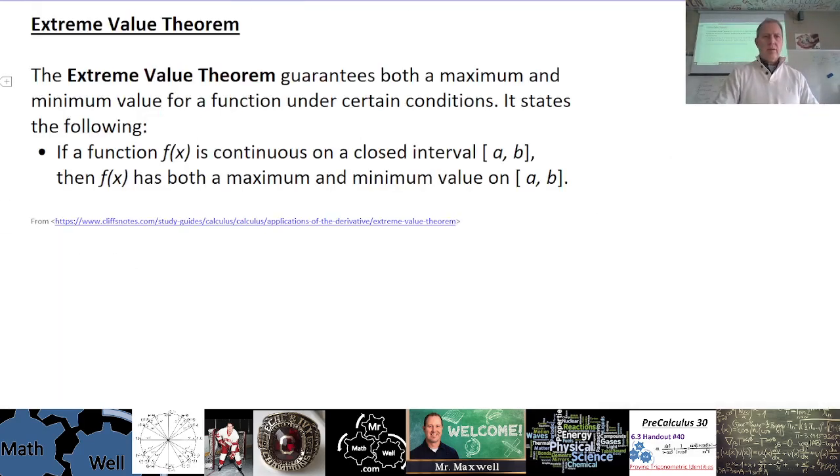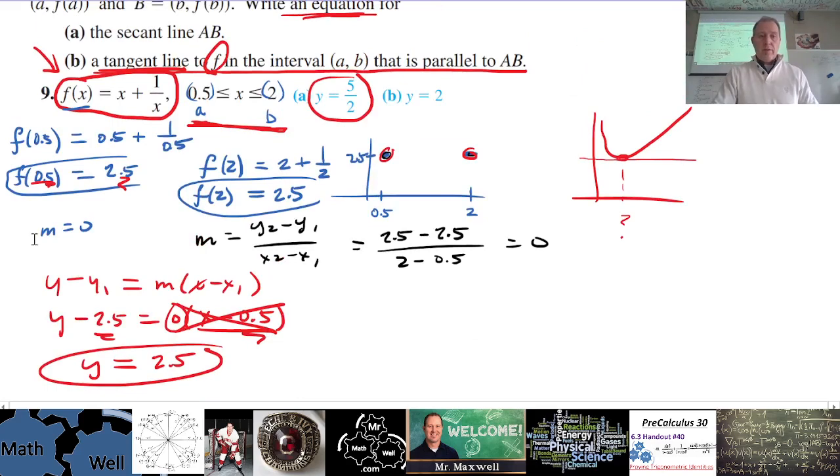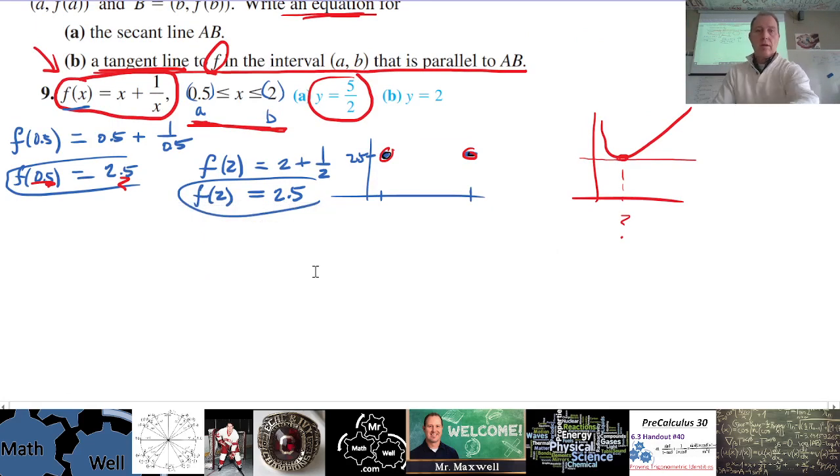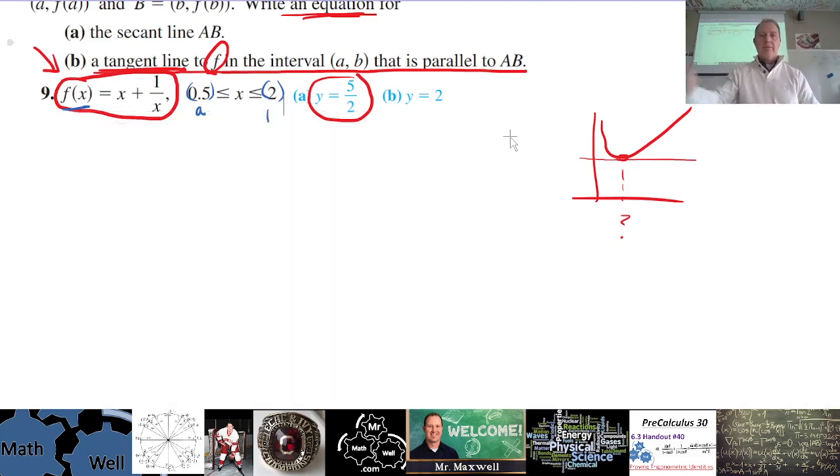All right, so this is a bit of a mess here. I'm going to get rid of some of this, and find the derivative of this function and let it equal 0. Solve for x. So f prime of x equals, the derivative of x is just 1.